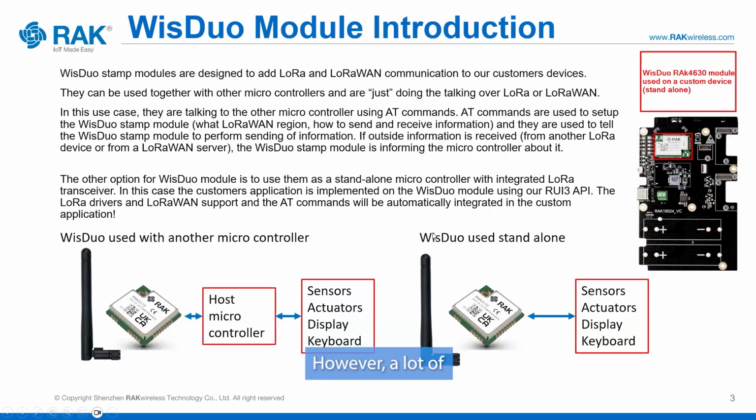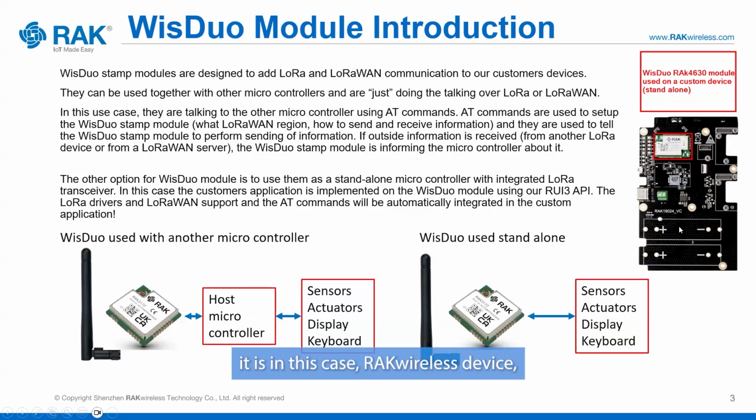However, a growing number of our customers are using our WisDuo modules as a standalone microcontroller. In this case, there is only the module itself, and it can directly connect to sensors, actuators, displays, keyboards. An example of such a standalone solution is what I show here on the right side.